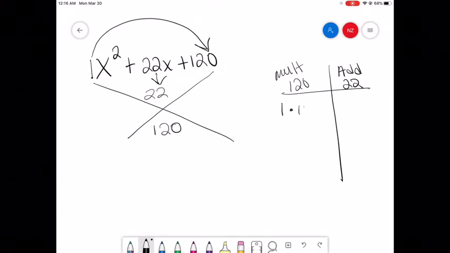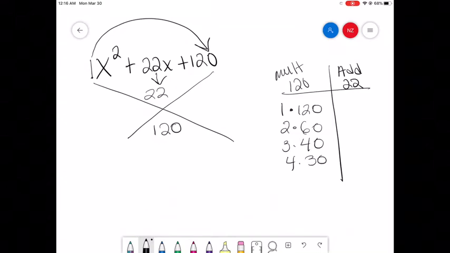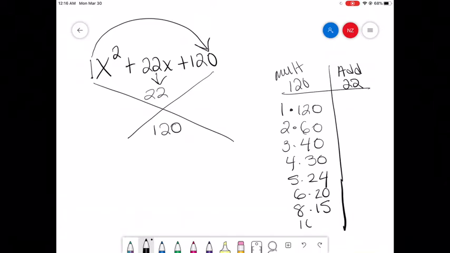So we have 1 times 120, 2 times 60, 3 times 40, 4 times 30, 5 times 24, 6 times 20, 8 times 15, and 10 times 12. All of these in this column here, those are factors of 120. Now I want to make sure that they add up to 22.